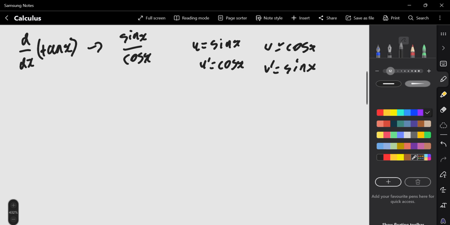So we should just be able to do this. u v prime, we're going to get sine squared x. Sorry, it should be the other way, shouldn't it? It should be v u prime. No, it's u v prime. Minus cos squared. That should be a minus, sorry. So we're going to have minus sine squared x plus v u prime, which is going to be cos squared x, all over cos squared x.